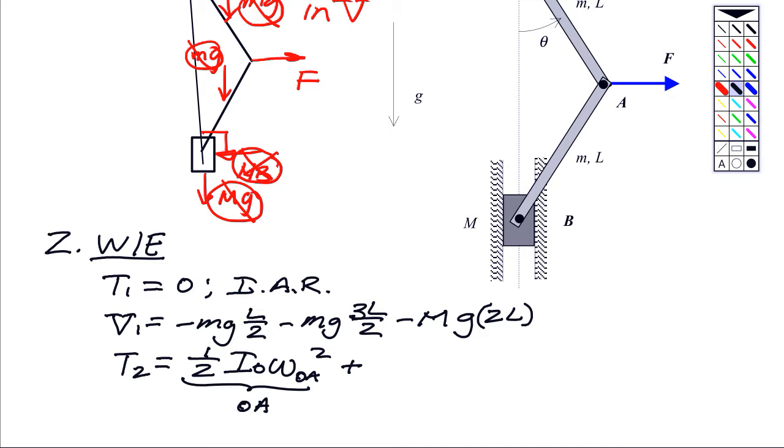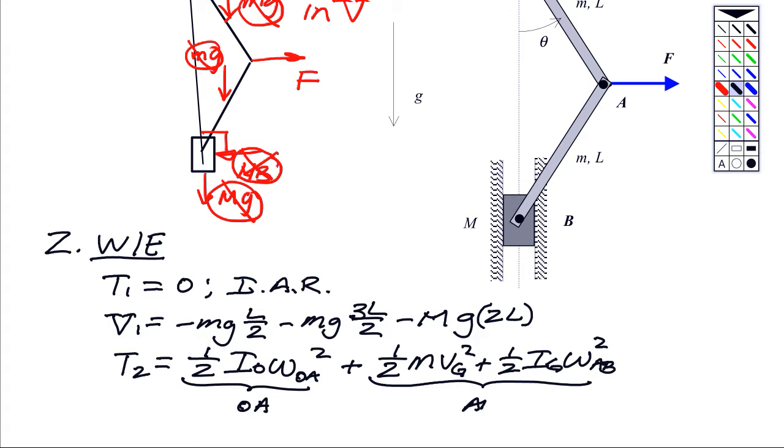For link AB, we don't really have a fixed point, so I'm going to reference it back to the center of mass G. So this will be 1/2 m v_G squared plus 1/2 mass moment of inertia about G times omega_AB squared. G is the midpoint of link AB. And finally, for block B, it's going to be 1/2 m v_B squared.